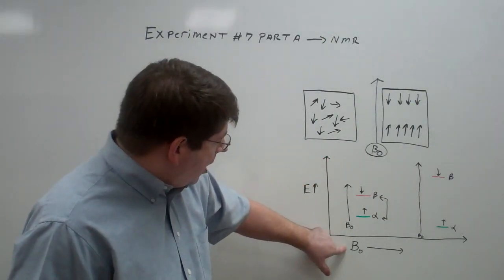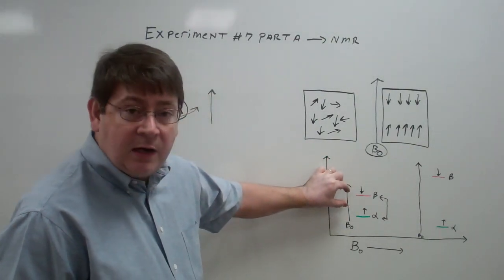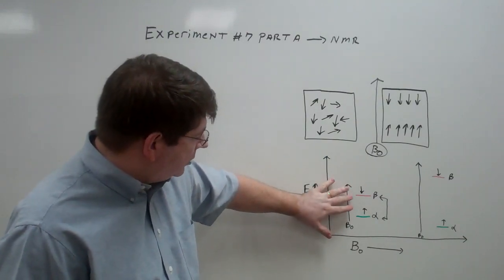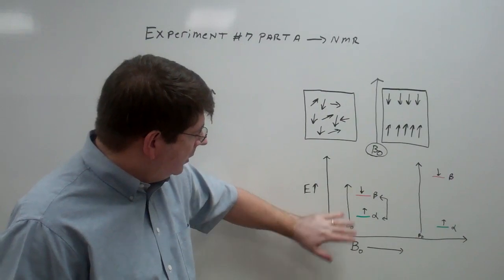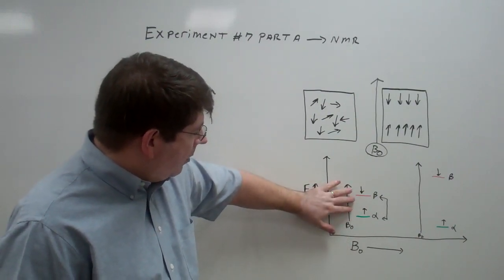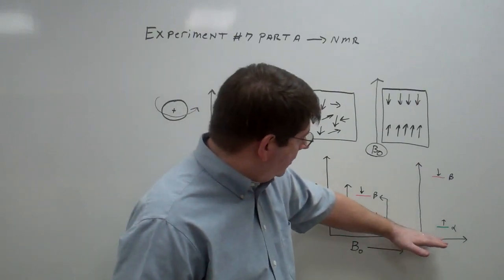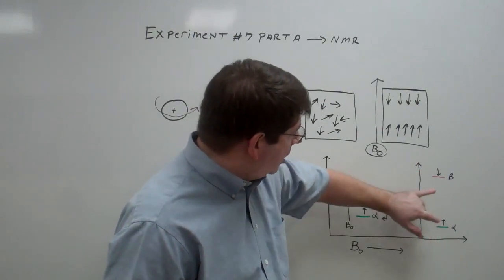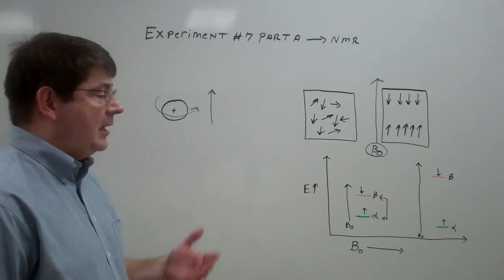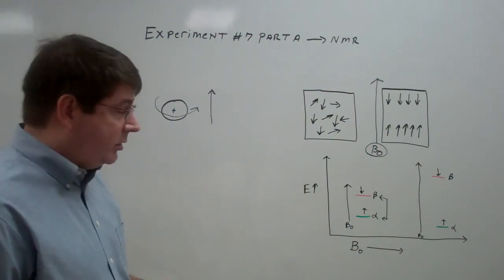When you have a very small B0, this gap is very small. I've kind of exaggerated it here for ease of viewing, but it's actually quite small at very small external magnetic field strengths. However, if you go to higher magnetic field strengths where B0 is actually quite large, the energy gap between the alpha and the beta state gets larger and it becomes easier to detect.